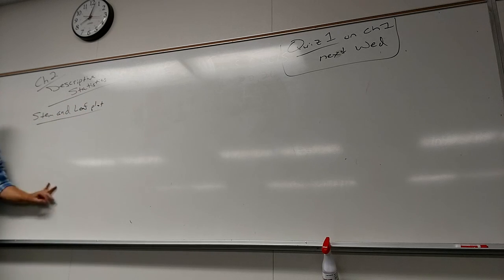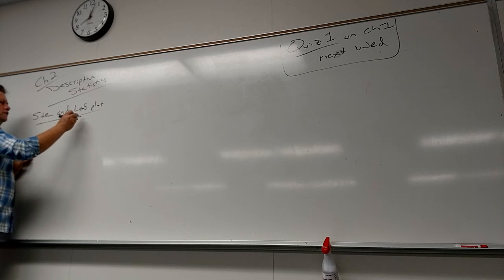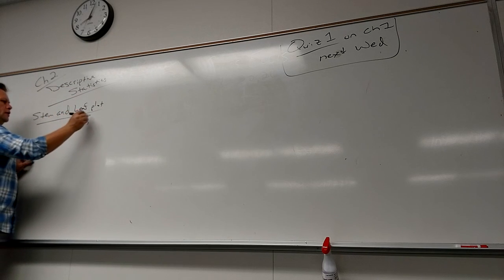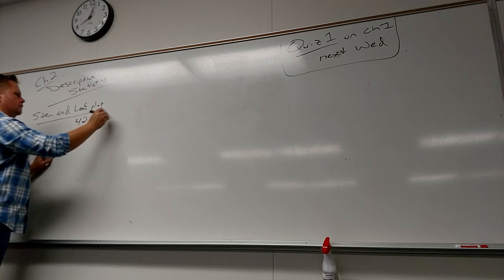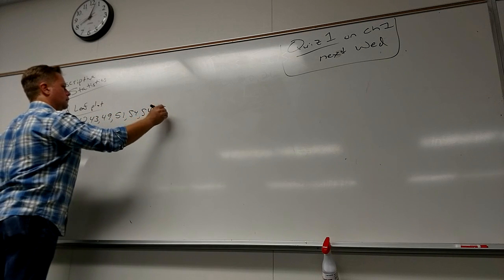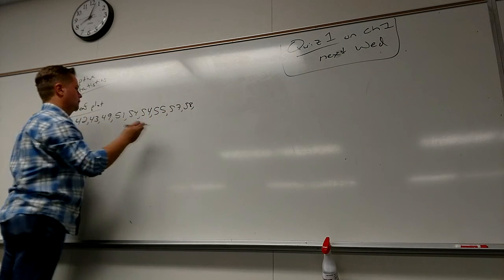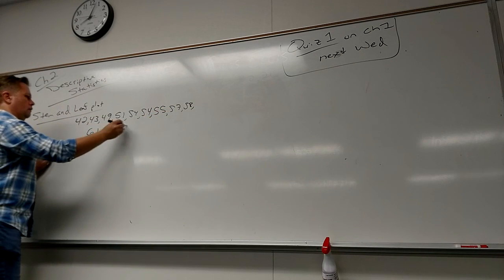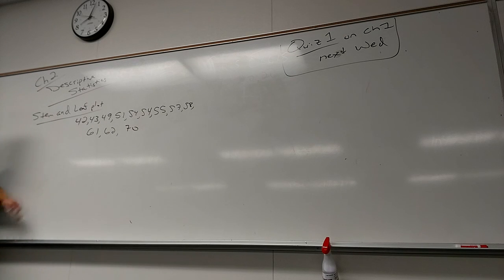So let me talk about the easiest little dude here. Stem and leaf plot, or sometimes just called stem plot, which is not nearly as interesting. It's not my own name, by the way. That's what it's called. Let's see if we can figure out the idea behind this. Let me make some more data up real quick. So stem and leaf.